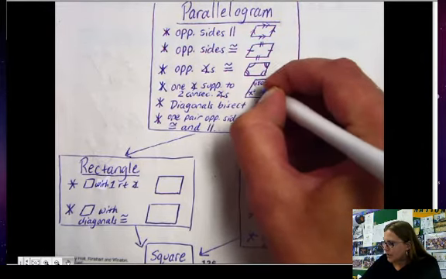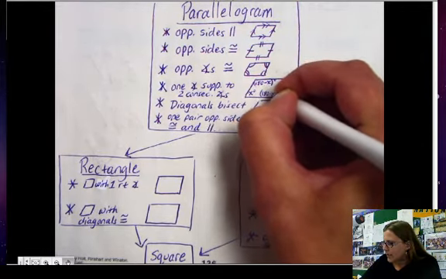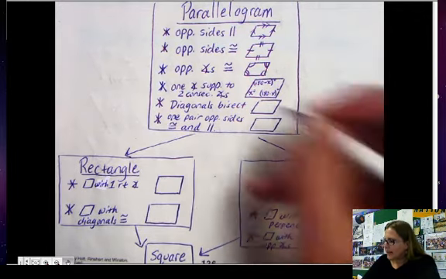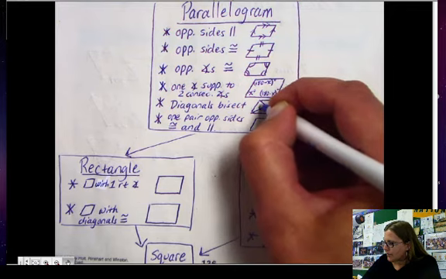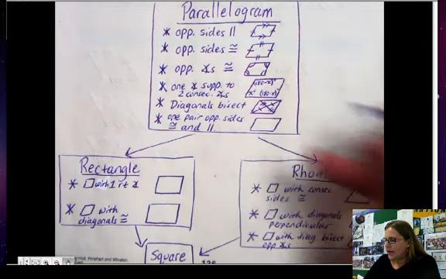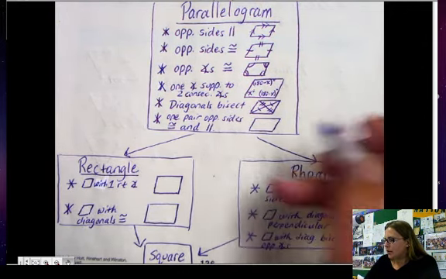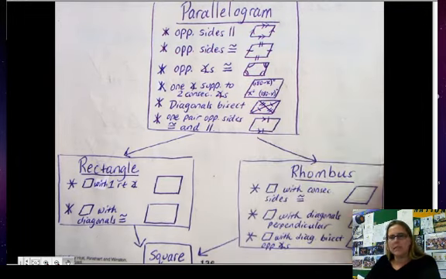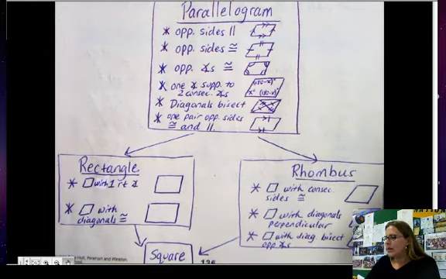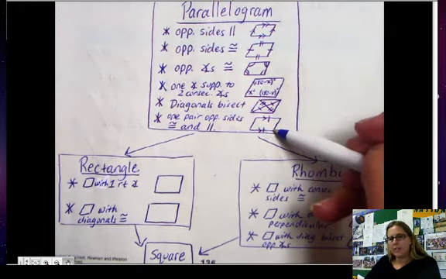And this would also have to be 180 minus x degrees. Diagonals bisect each other. And one pair of opposite sides congruent and parallel. So if this is congruent and parallel to the opposite side, then it is a parallelogram. So these are 6 different ways to prove that it's a parallelogram.